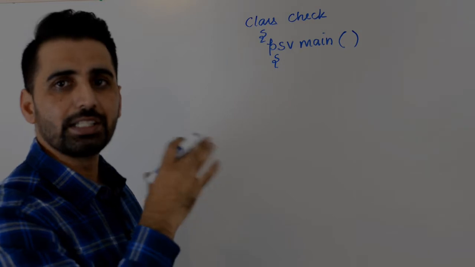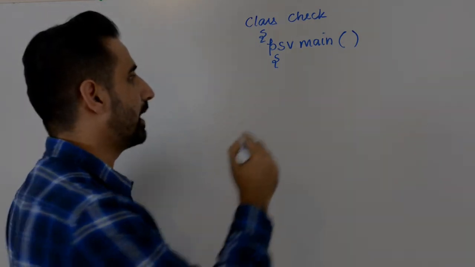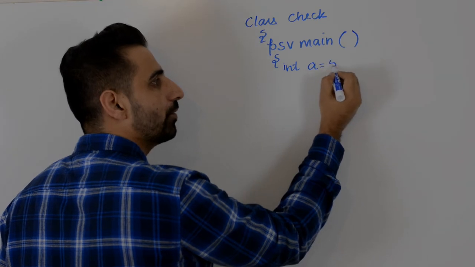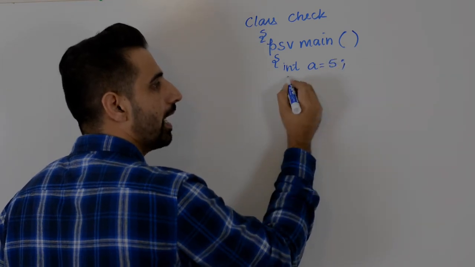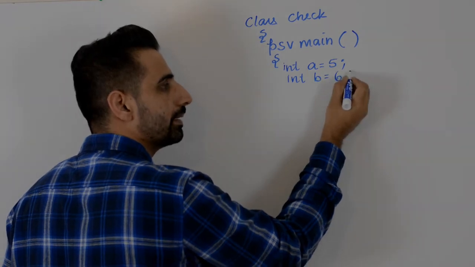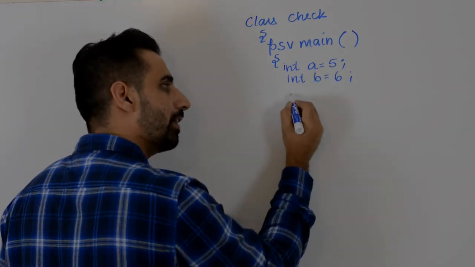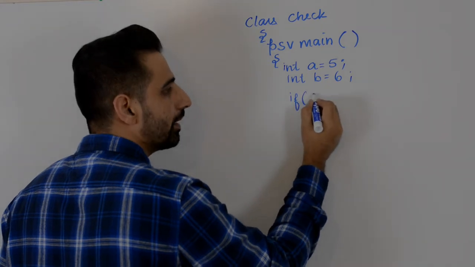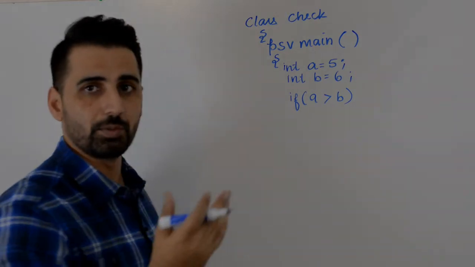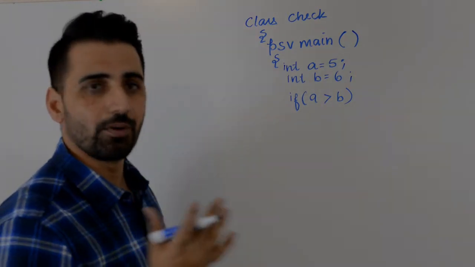I'm just initializing the value. I'll give a fixed value to A, int A equals 5 and int B equals 6, and then I'll check if A greater than B. A greater than B will give a value either true or false.